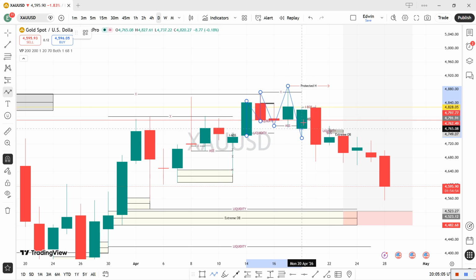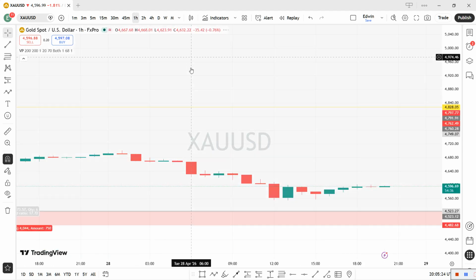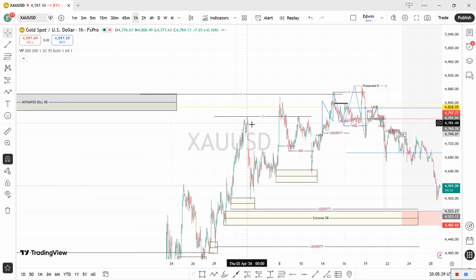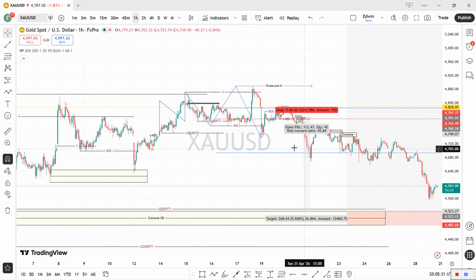The thing here is that I wanted to establish a structural change on a higher time frame. So you can see here the structure was confirmed on the high time frame. Once I have that, you have to sit patiently and wait. You can come down to the hourly time frame and see whether the same thing is formed.